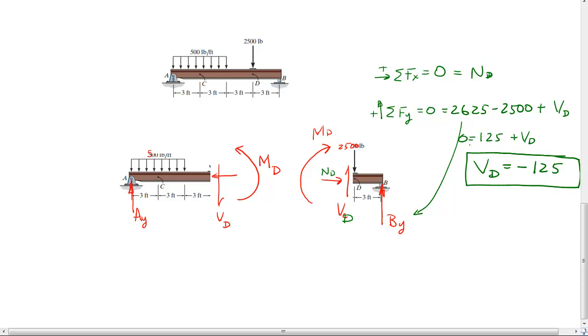What the minus means is simply flip the vector over and have it point down, and it's 125. But we're just going to leave it as a minus and not worry about it.